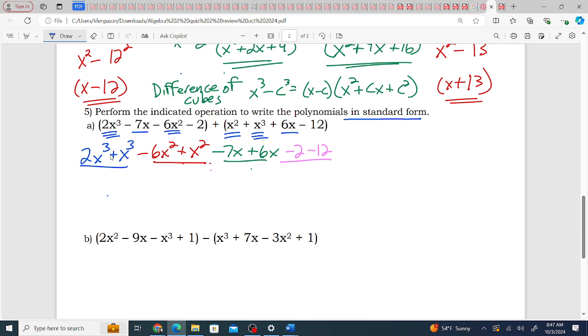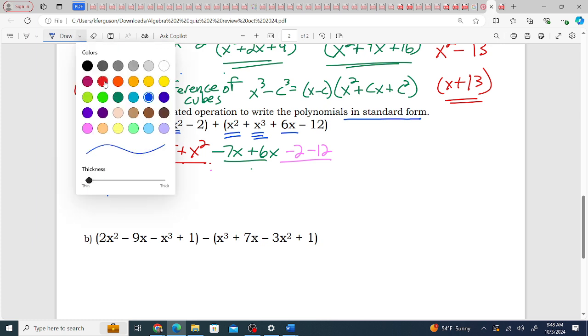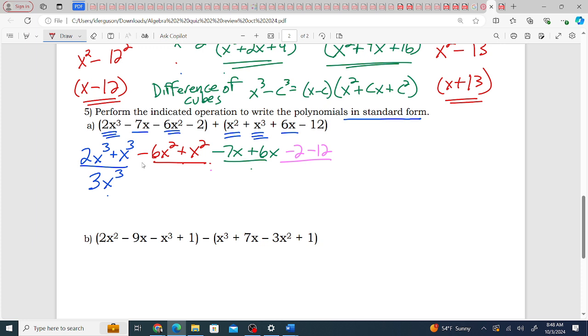what? Plus 1x to the third is what? 3x to the third. And then I've got a negative 6x squared plus x squared, or negative 6x squared plus 1x squared. Negative 6 and a positive 1.